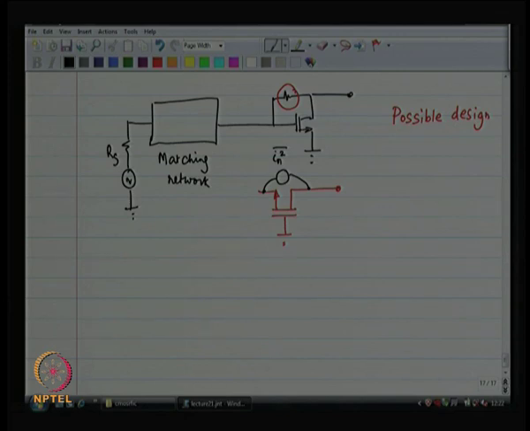This particular channel noise is going to go into the source resistance directly, right, which means that your total input referred noise is going to become proportional to GM.